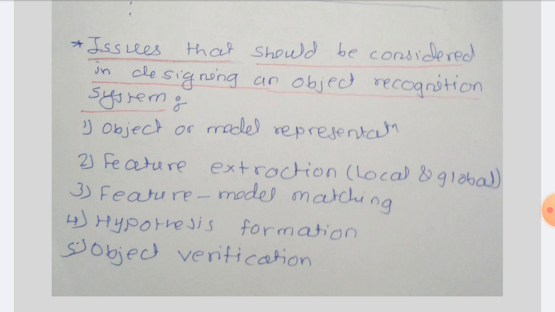Now, first is object or model representation. How should an object be represented in the model database? What are the important attributes or features of an object that must be captured in this model database? That comes under object or model representation.